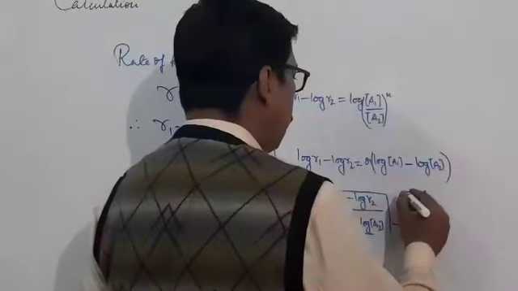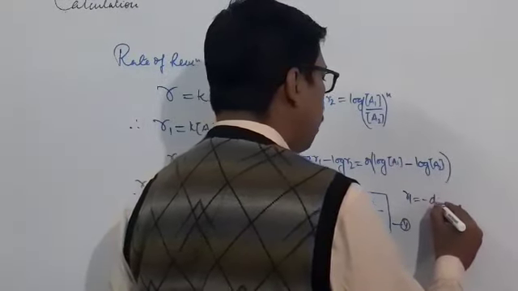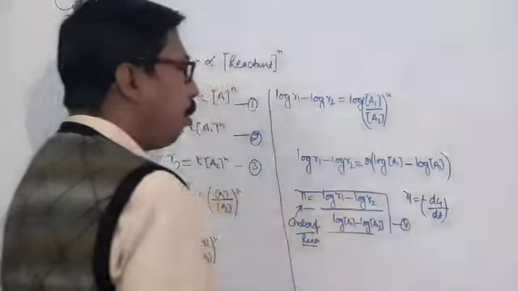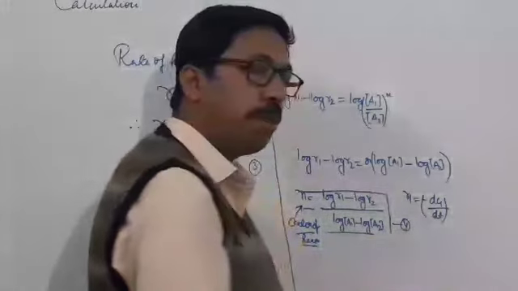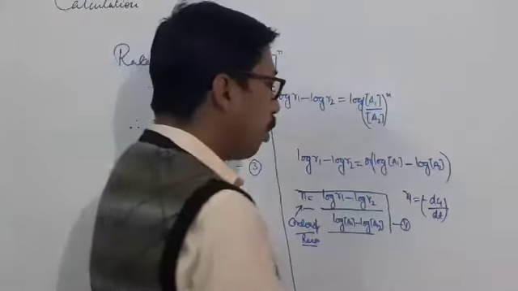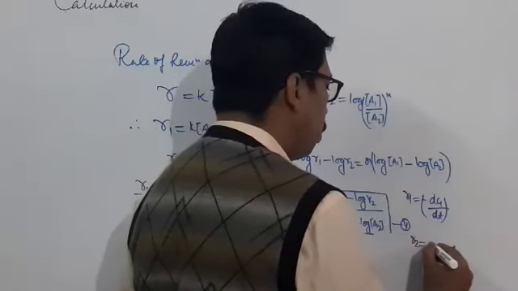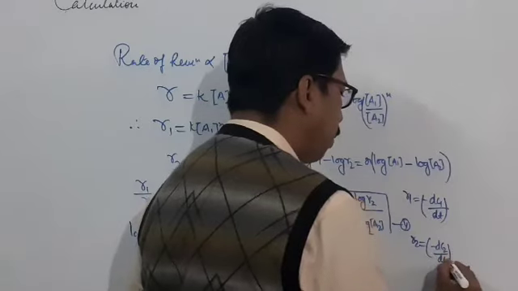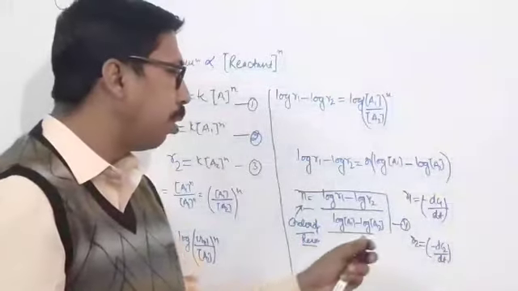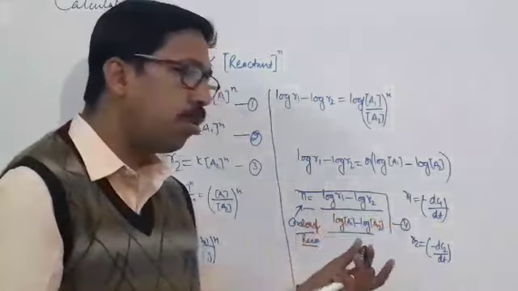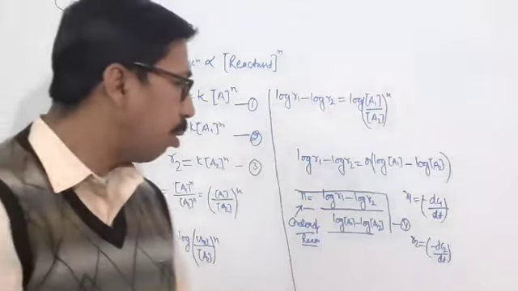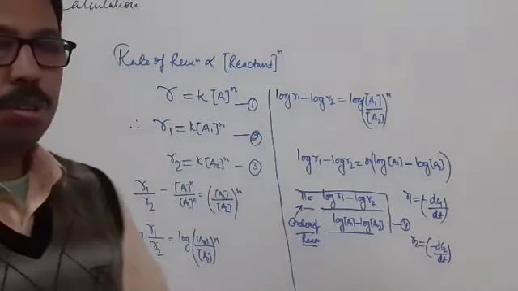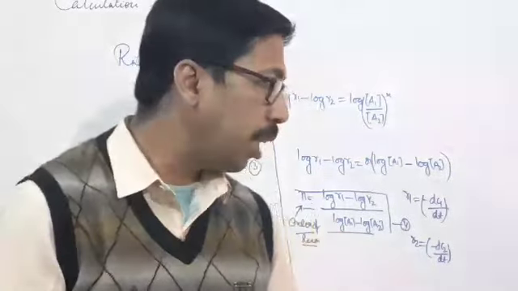So this can be further written like this: R1 equals minus dC1 by dt, where C represents the change in the concentration of the reactant, and R2 equals minus dC2 by dt. Now if we put the value of R1 and R2, we get another equation which is also known as the differential rate method, which is used to calculate the order of reaction.